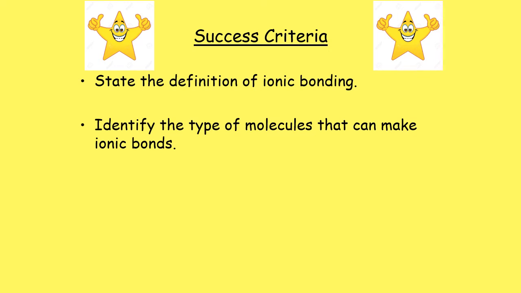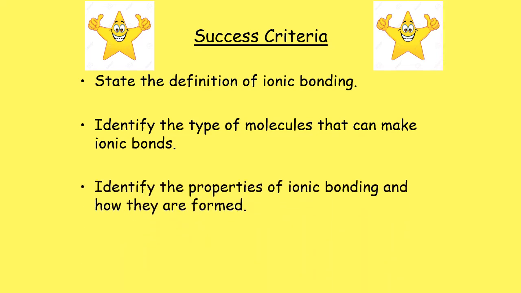If there's an element that's a metal and an element that is a non-metal, it will have ionic bonds. And identify the properties of ionic bonds and how they are formed. Well, the properties of ionic bonds are that they form a lattice, they have a very large structure, and as a consequence, have very high melting and boiling points.